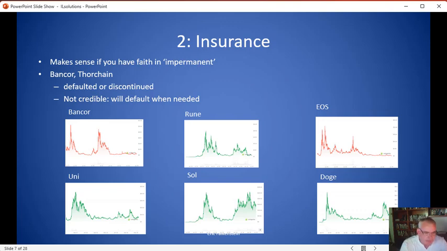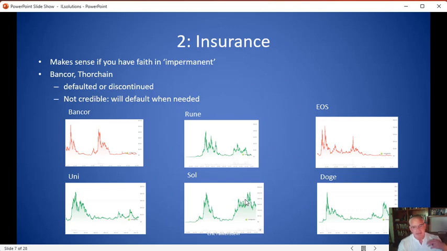And we see that many of the big coins have had double peaks. They had a peak in 2018 and a peak in 2021. More recently, Rune peaked in 2021 and then got pretty close to it again in 2023 or so. And Solana had a peak in 2021 and again recently, at the beginning of this year.